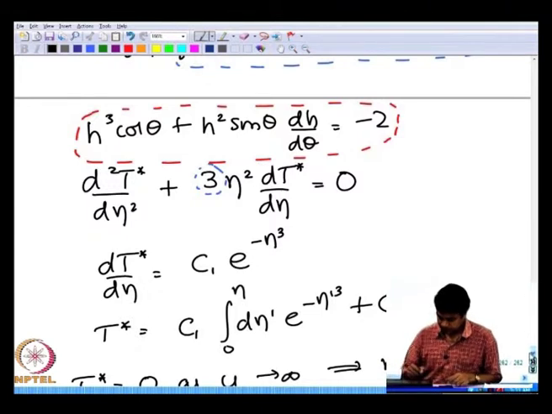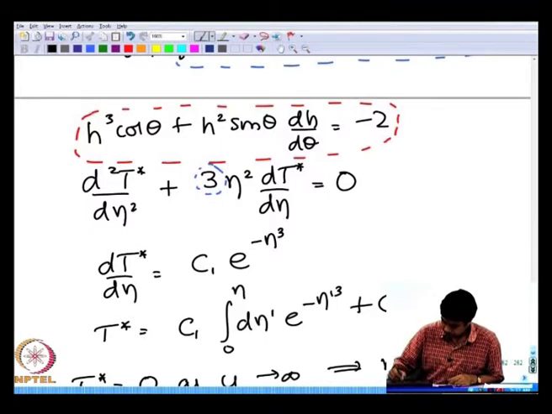Therefore, T star is equal to C1 e power minus eta cubed plus C2.